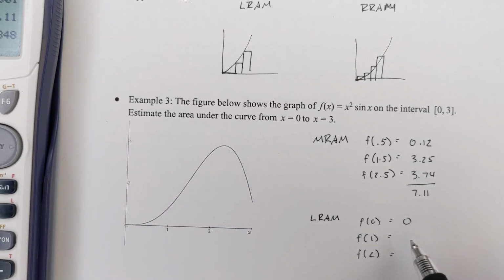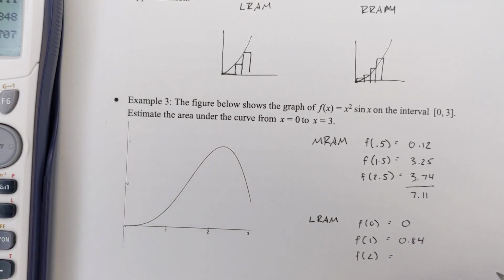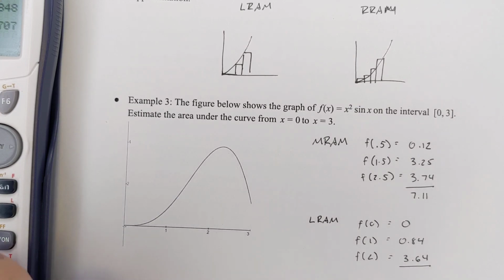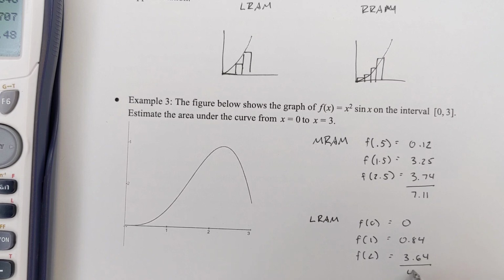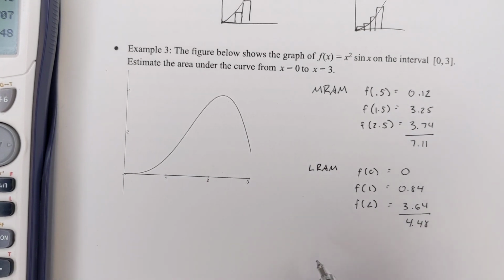Well, the sine of 1 is 0.84. And then 2 squared times sine 2 is going to be 3.64. So in this case, 0.84 plus 3.64, this gives me an area of 4.48.